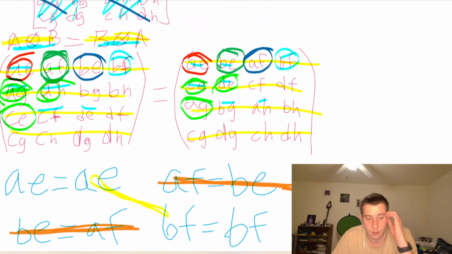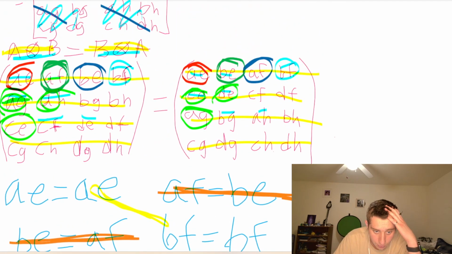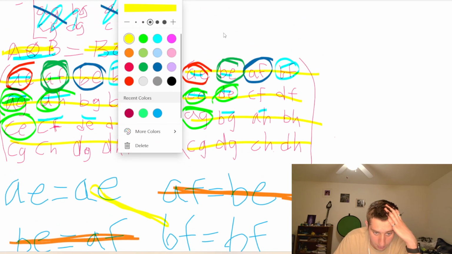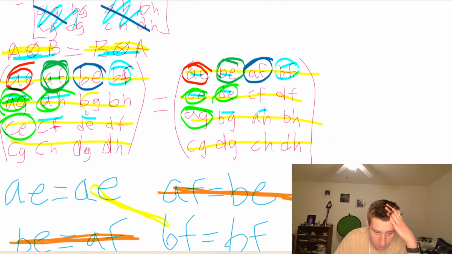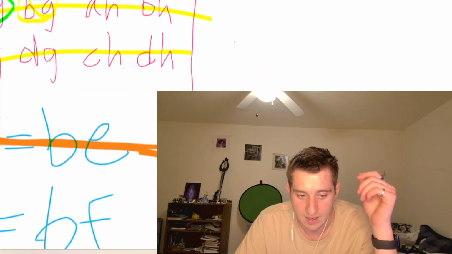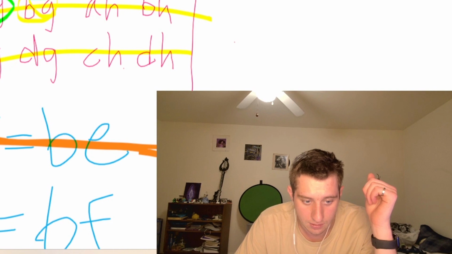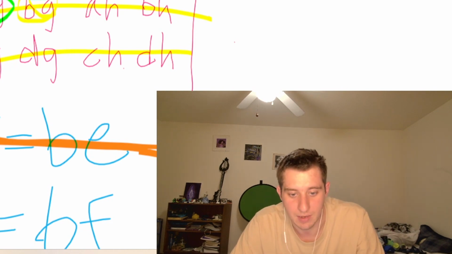And then if we look at these two, this pair, BG, okay, we get another CF, BG. So we can simplify that again. And then actually if you look here, oh man, this is getting messy.